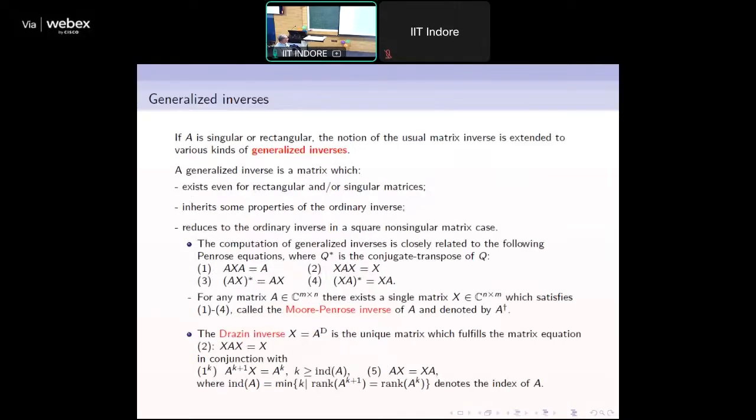Here it will not be (AX)* = AX, it will be (MAX)* = MAX, and here (XAN^-1)* = XAN^-1. So you can think of the weighted one as more general. When you specify identity matrices, it will coincide with the usual Moore-Penrose inverse.